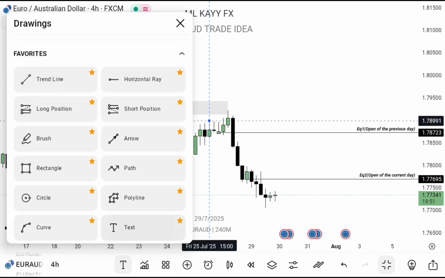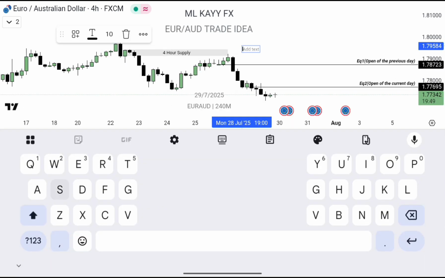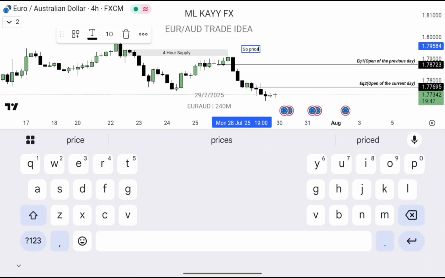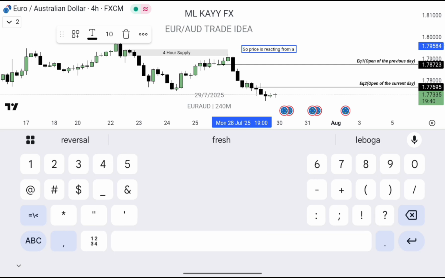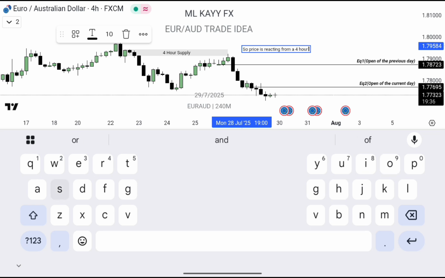So now understanding order flow, if price is coming off a supply, we would want to take the next trade on the supply that it created after it reacted to the supply that it reacted to. So now we can clearly see that price is reacting from the 4-hour supply.